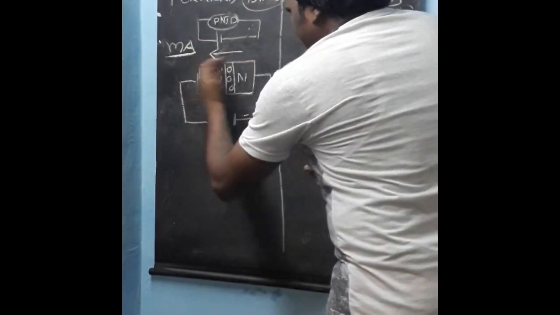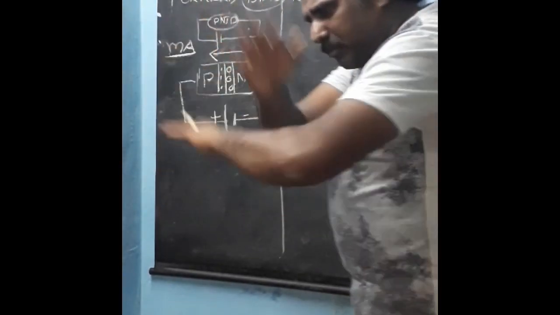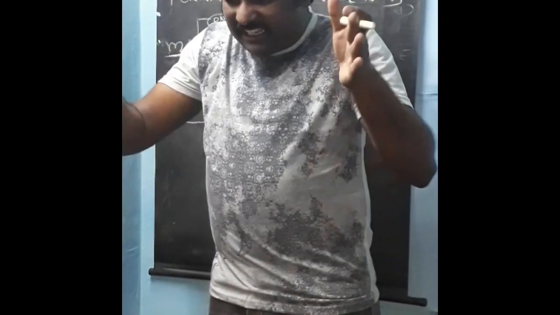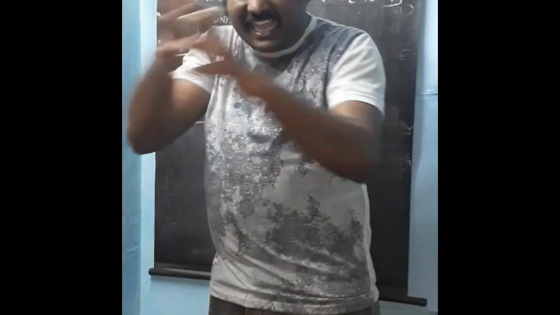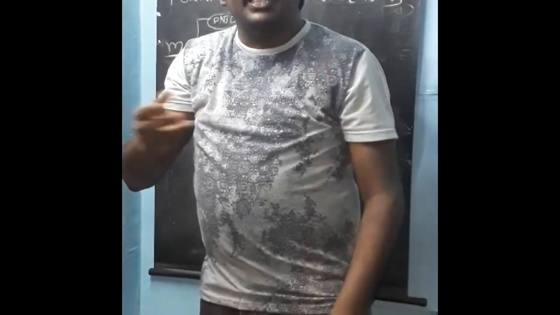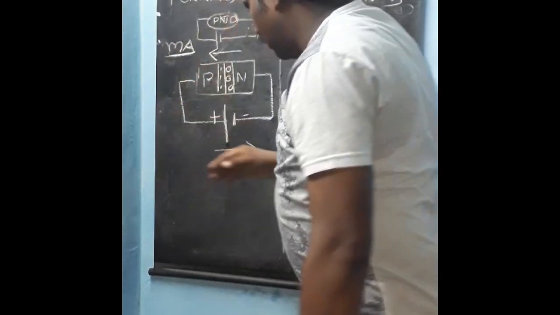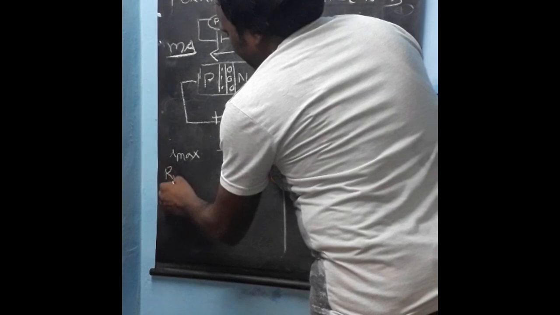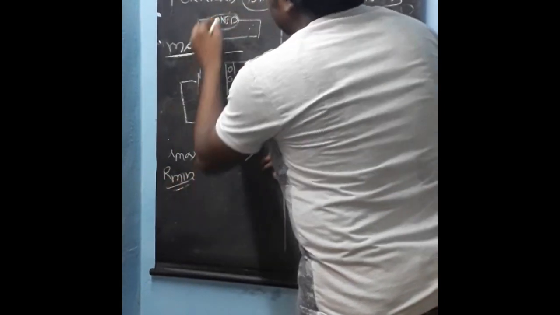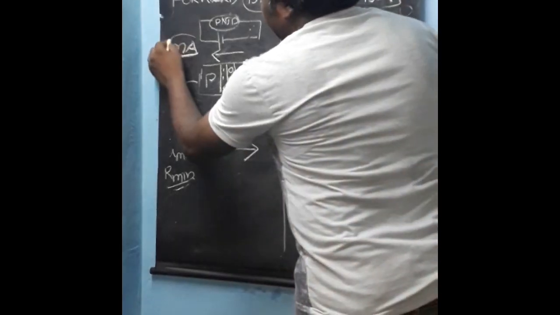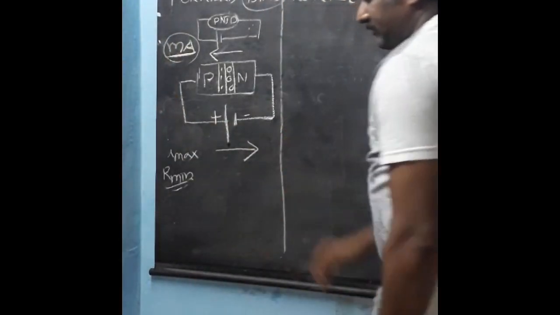Then the charge carriers from both sides will move and produce more current. When our depletion layer is less, charge carriers move very easily and produce large current. So as current is maximum, resistance is minimum in forward bias, and the current is measured in milliamperes.